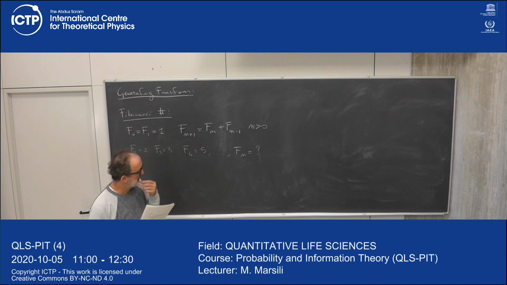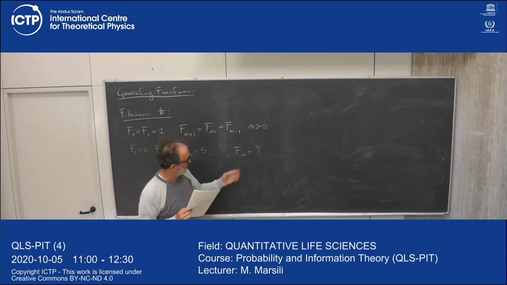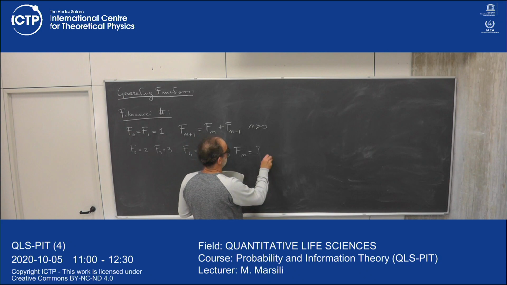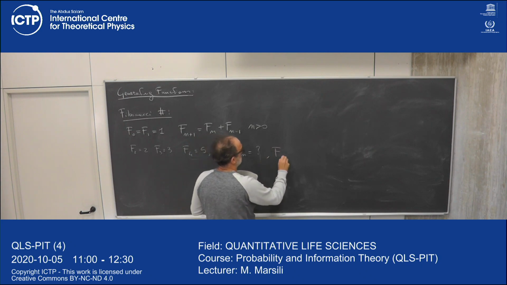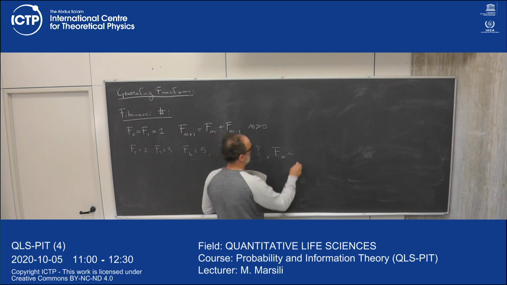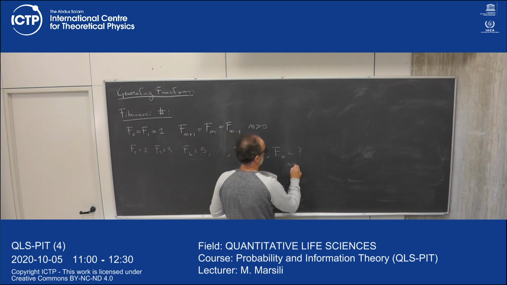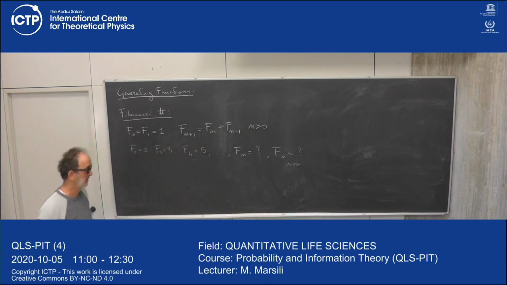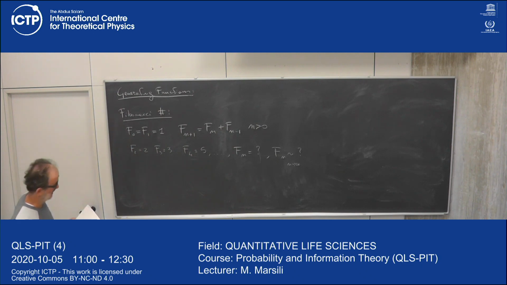But is there a smart way to compute this number? And in particular, maybe we are just interested in understanding how this number behaves as n goes to infinity. Okay, what is the asymptotic behavior of this sequence when n goes to infinity?